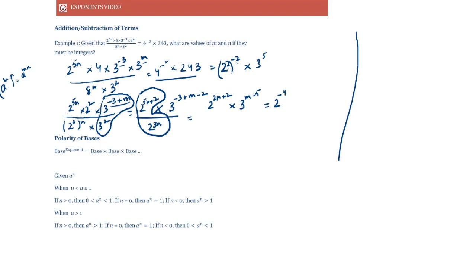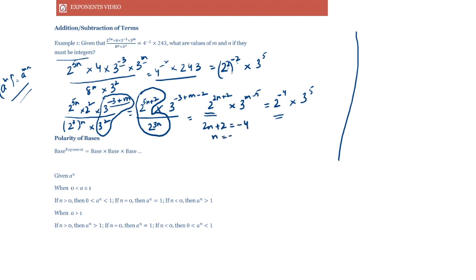So this becomes 2 to the power minus 4 because the exponents get multiplied once again using this rule, into 3 to the power 5. Now we are given that m and n must be integers, right? So then the exponent of 2 on this side should be equal to the exponent of 2 on this side. So we have to say that 2n plus 2 must be equal to minus 4.